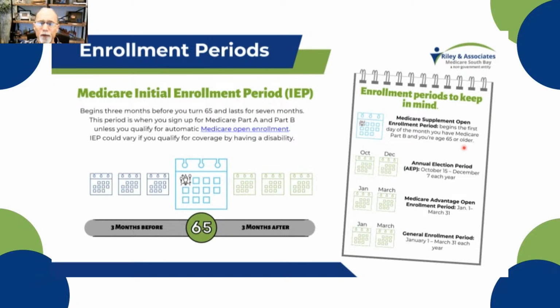And you've got a 6-month window to enroll in a supplemental plan to fill in the gaps for original Medicare without health underwriting, meaning they cannot deny you for any health conditions. So anyway, it's important to know that there's many ways to get enrolled in a supplemental, but when you first come on, you've got that 6-month window to enroll.